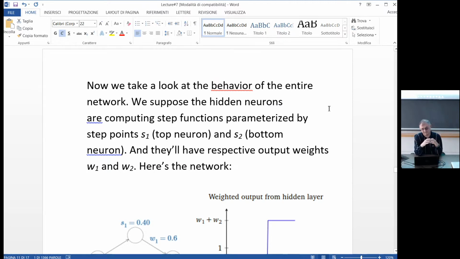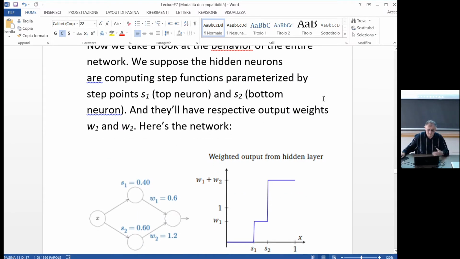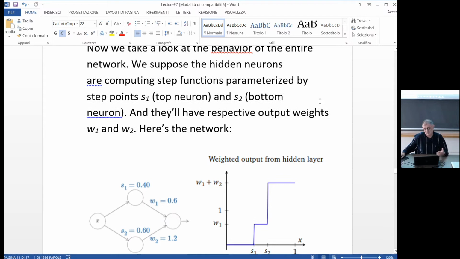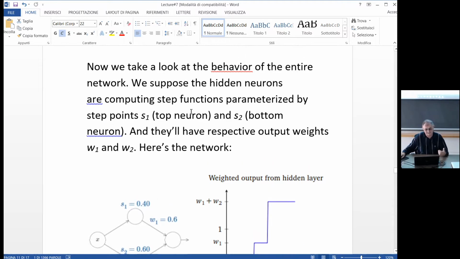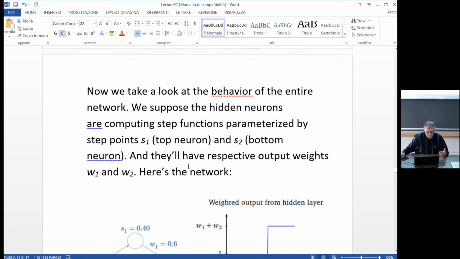So now we look at the behavior of the entire network. Firstly we considered only the behavior of the upper hidden neuron. Now we can adjoin all our network, because now it is clear that the same succeeds with the second neuron.